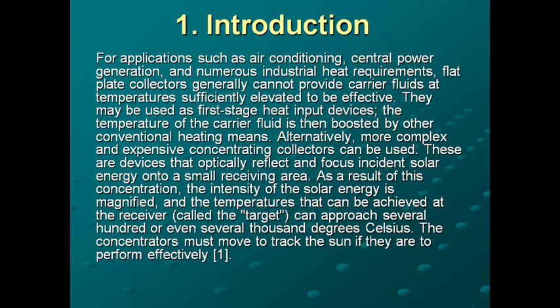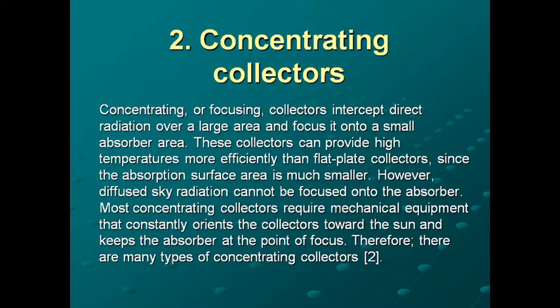So these are devices that optically reflect and focus incident solar energy into small receiving areas. That is concentrating collectors. What are concentrating collectors? Concentrating collectors are focusing collectors that intercept direct radiation over a large area and focus it onto a small absorber area.